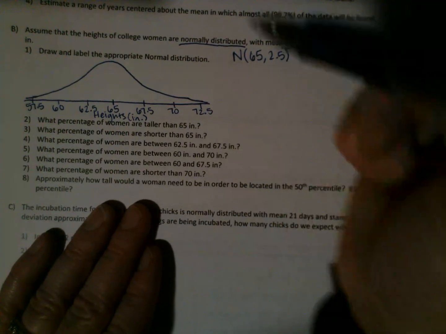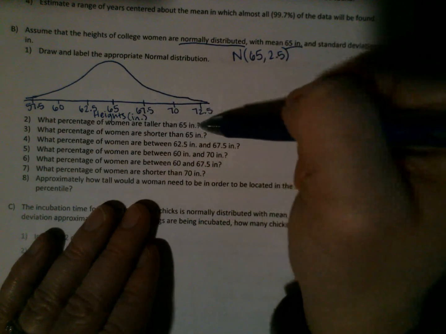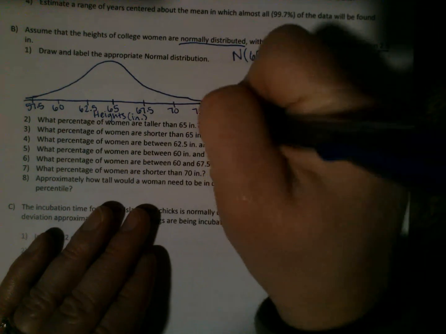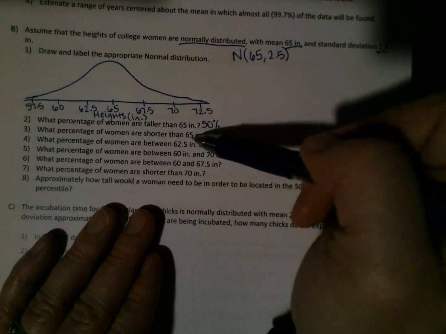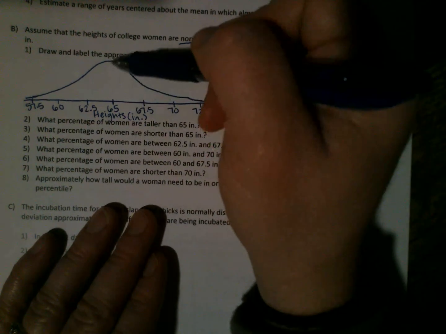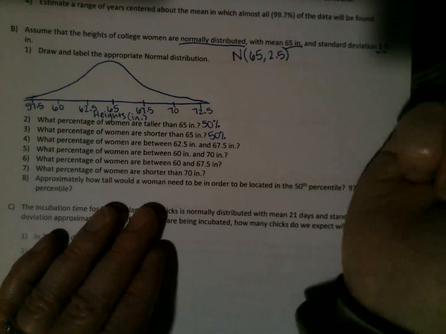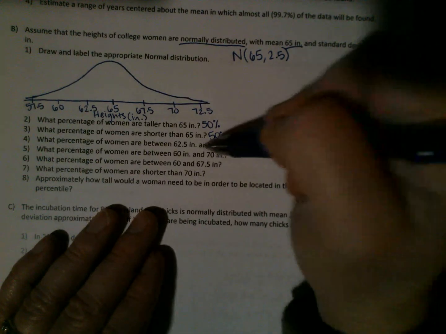Okay, and so what percent of women are taller than 65? Well, 65 is the mean, and we know for a normal distribution, the mean is in the center. Taller than would be to the right, so that's going to be 50%. What percent of women are shorter than 65 inches? Again, 65 in the middle, shorter than is to the left. That's also going to be 50%. Okay. 62.5 to 67.5.